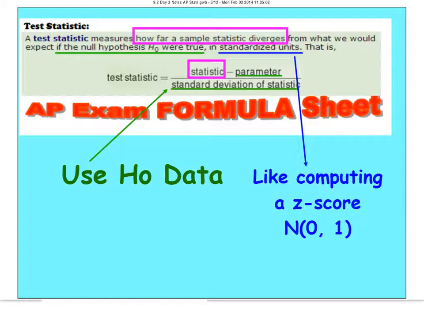The thing to be cautious of is this particular parameter, because that's the one where we actually use the H naught information. The statistic is from the data, and so is the standard deviation of the statistic.